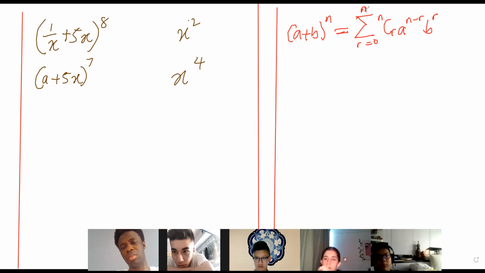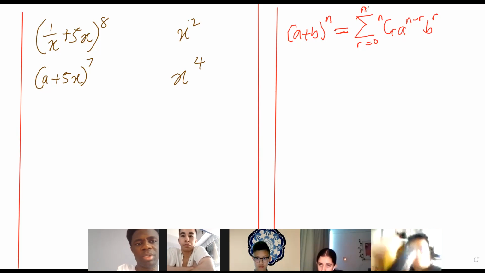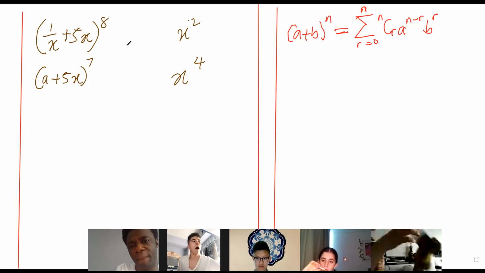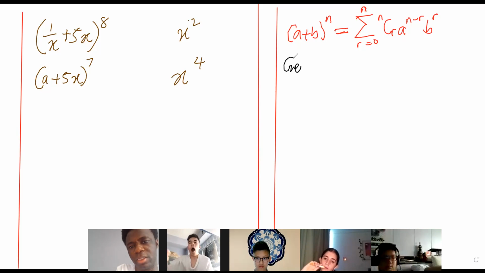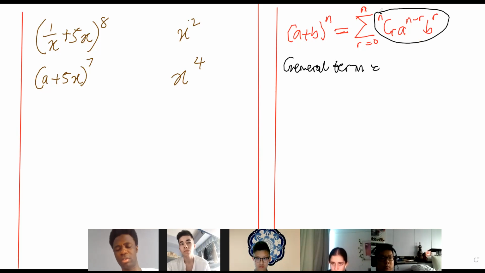That is the expansion. But general term means any particular term, just like saying nth term. Okay? General term is each term, which means this. The only thing the summation is doing is adding all the terms together.